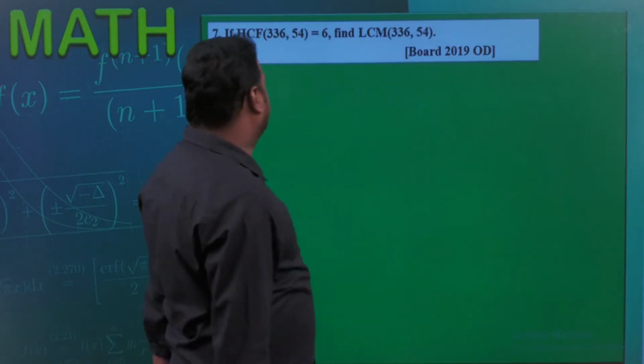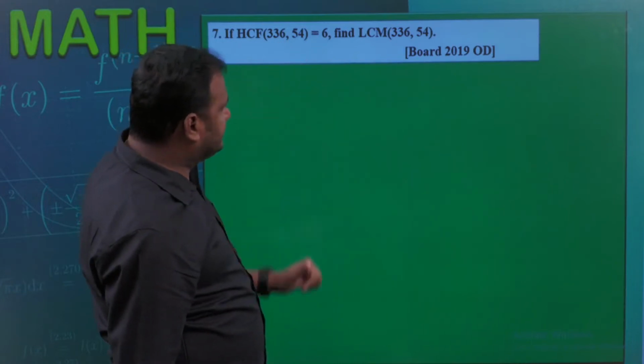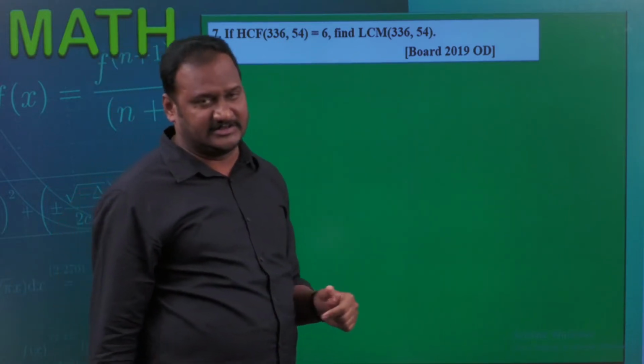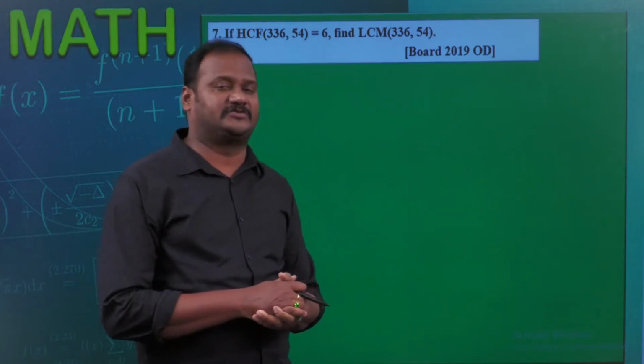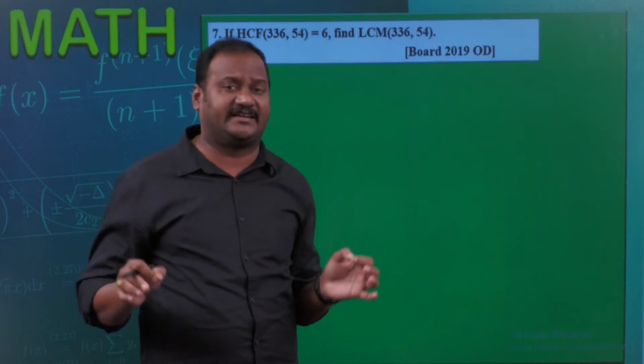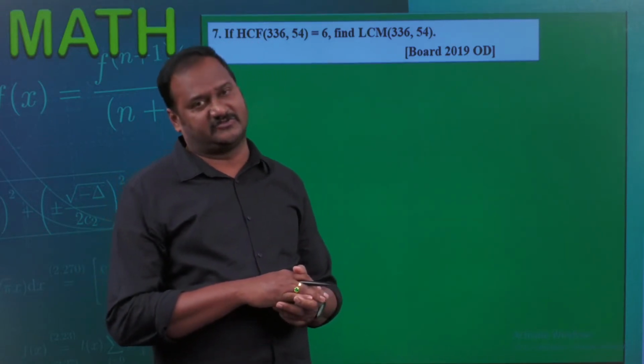Moving on to the next problem: HCF of 336 and 54 is 6. Then what is the LCM of those two numbers? Have you any idea about LCM and HCF of two numbers? Yes, there is a standard result for finding LCM and HCF of two numbers.